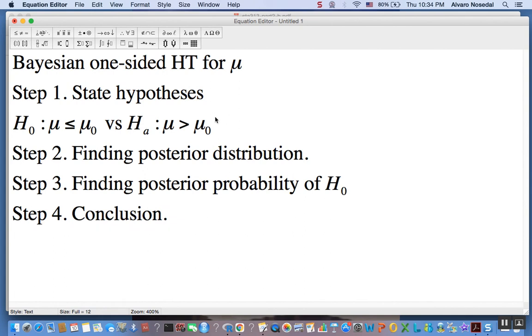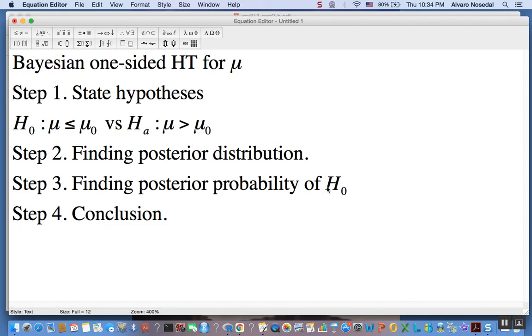And what we said is that if instead of considering a one-sided hypothesis test, you're considering a two-sided alternative, right? What you have to do here is modify step number 3.